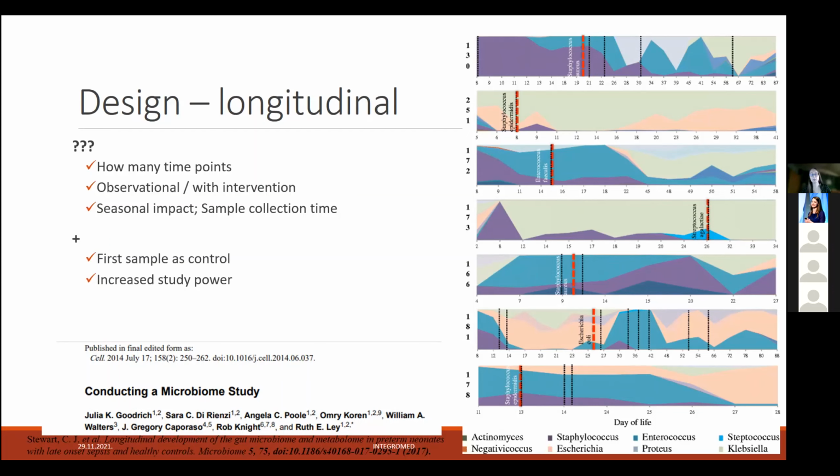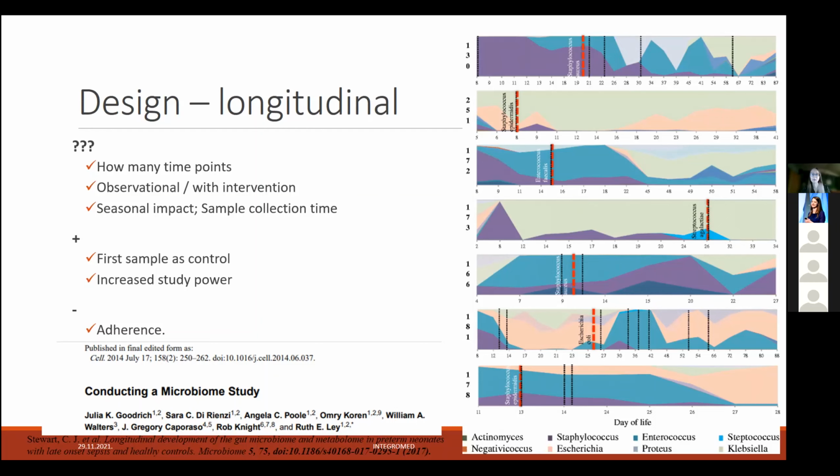It has also been shown that if you use a longitudinal study, then we get increased study power. We have reduced variability because each individual is kind of a control for themselves, and therefore the study power is increased. Of course, if we talk about challenges in performing longitudinal design, I would say that the most significant one is adherence to the study.